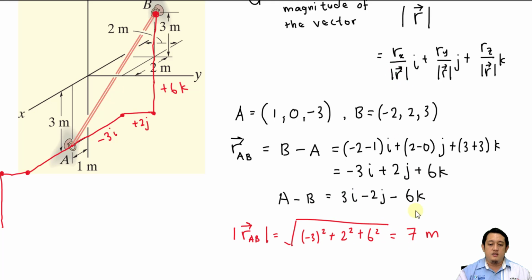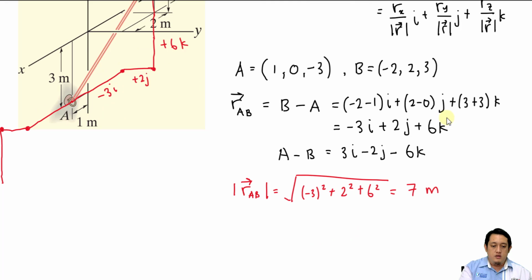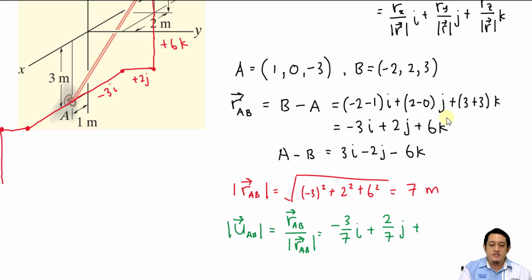Therefore, to calculate the unit vector A to B, it equals RAB over the magnitude of RAB, which is negative 3 over 7 i plus 2 over 7 j plus 6 over 7 k.